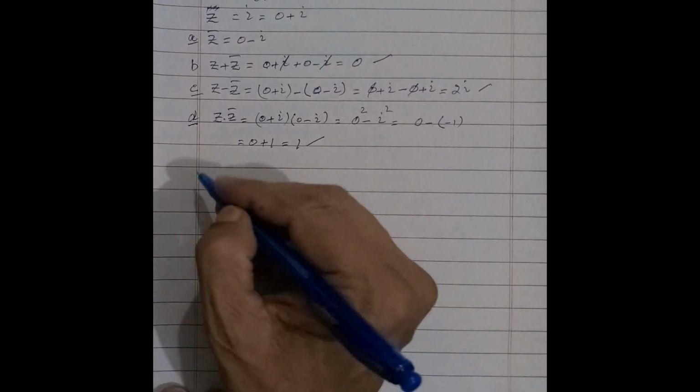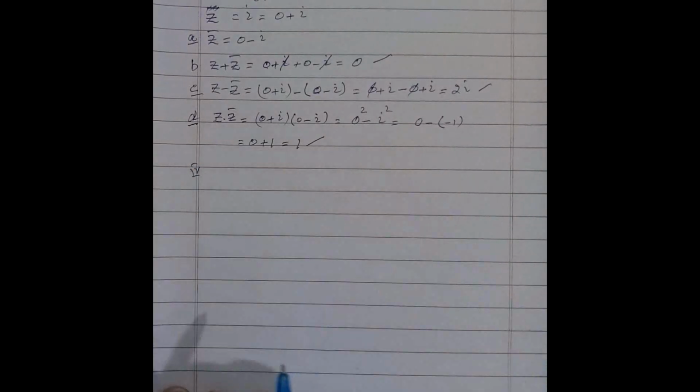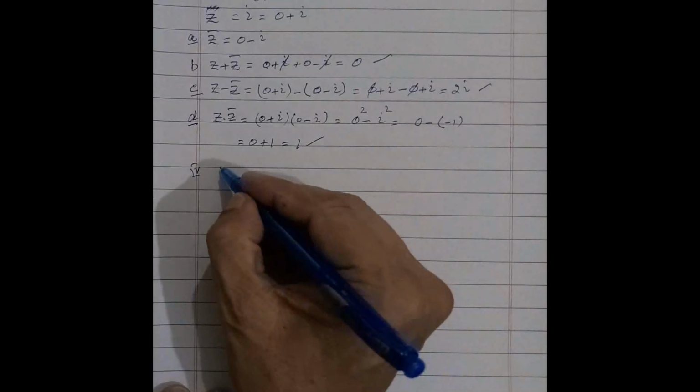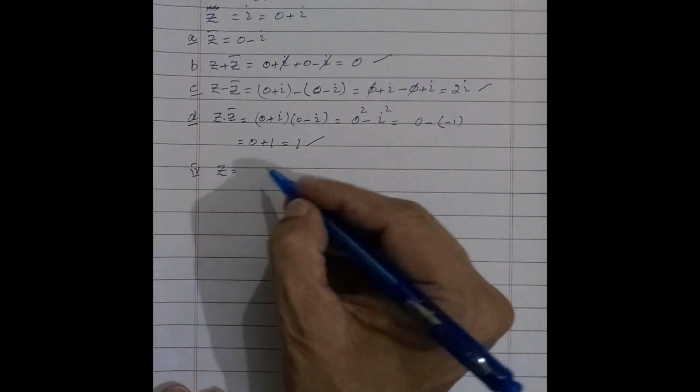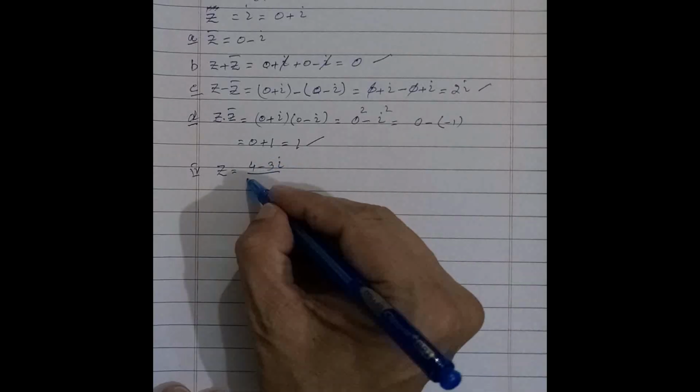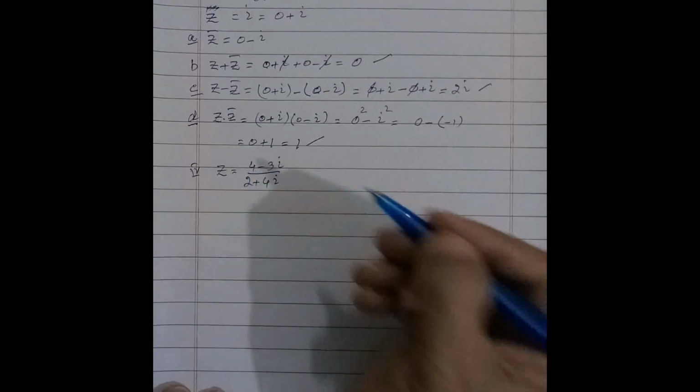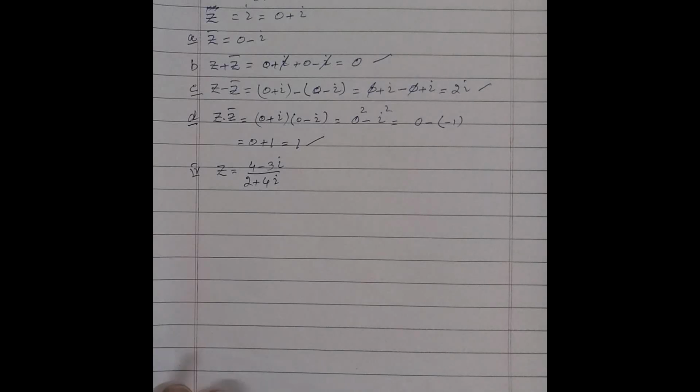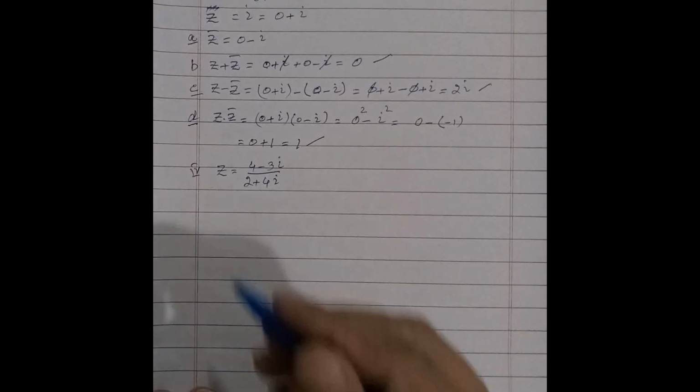And the next is the fourth part of question 5, in which z is equal to 4 minus 3 iota over 2 plus 4 iota. First we convert this fraction into the standard form of the complex number, which is a plus b iota.